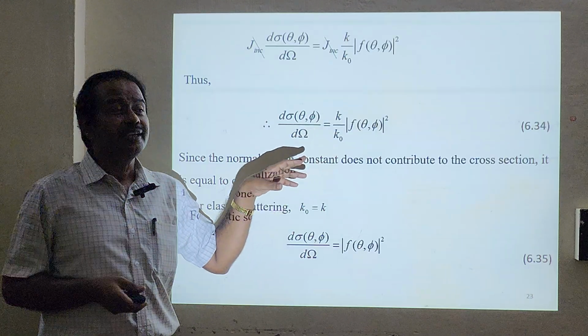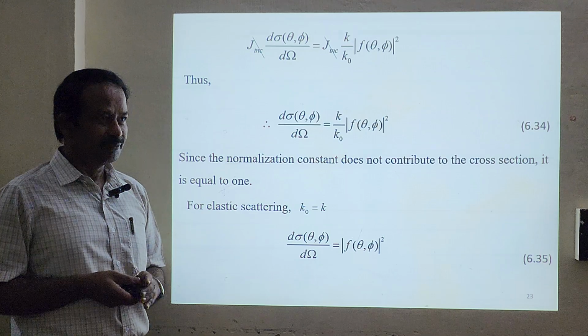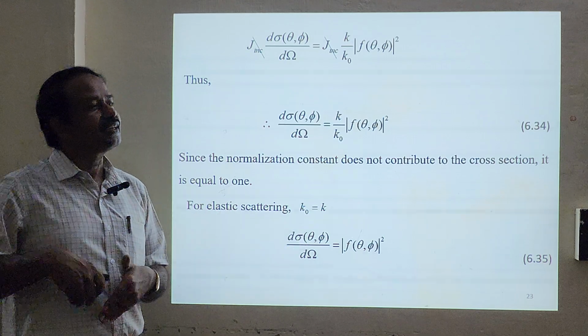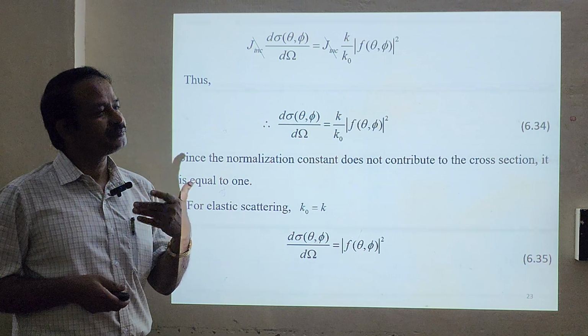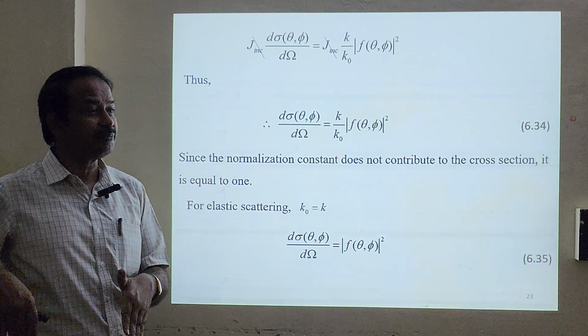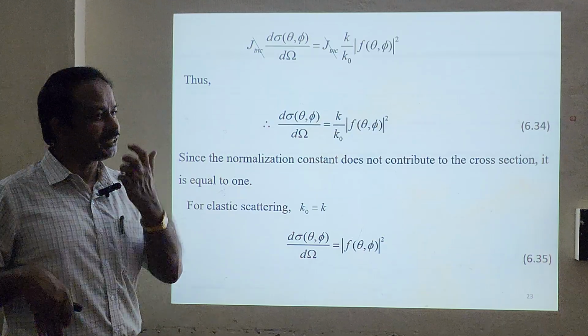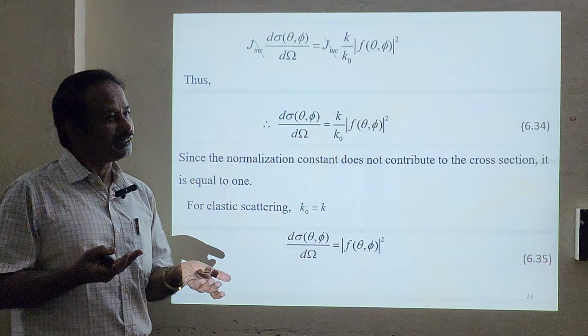For any elastic scattering, k equals k naught, which you have already learned, correct? For any elastic scattering, the kinetic energy of the incident particle is equal to the kinetic energy of the scattered particle. So if the kinetic energy is equal, the momentum will be equal. The momentum of the incident particle will be equal to the momentum of the scattered particle, correct?